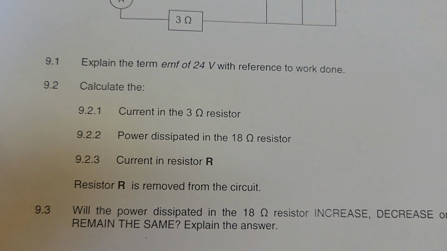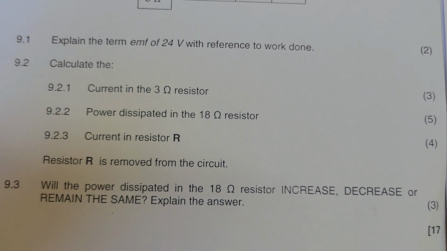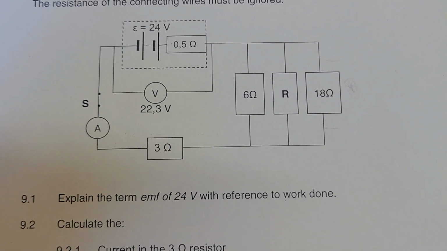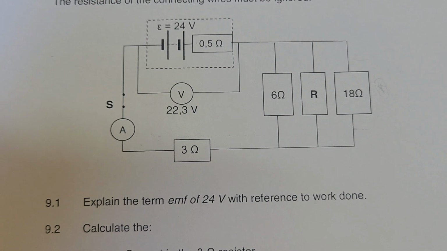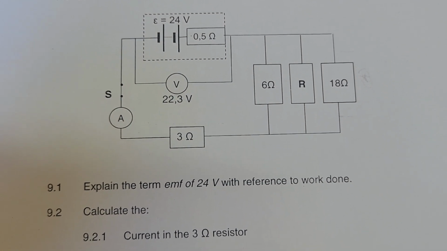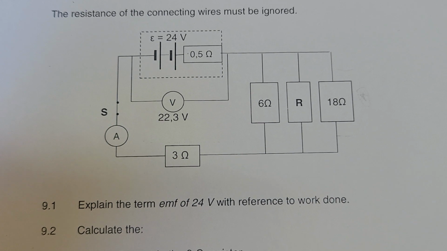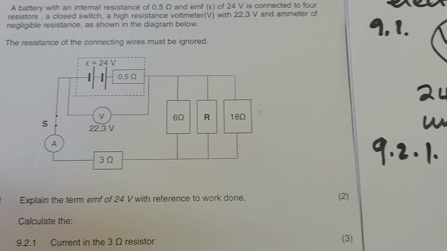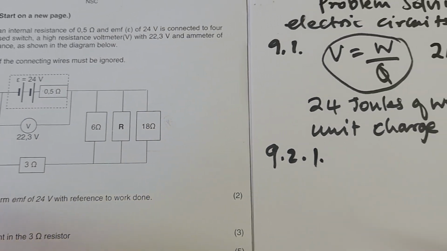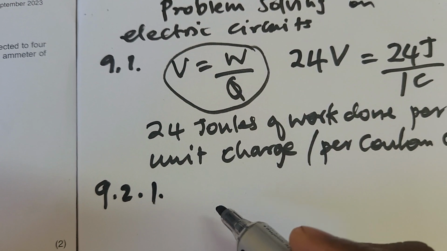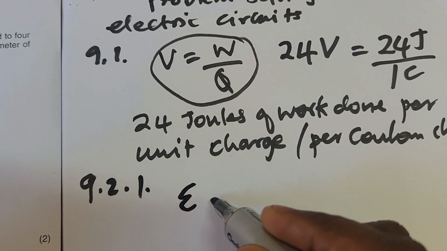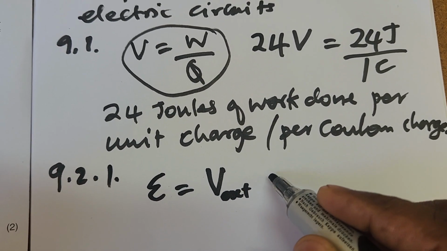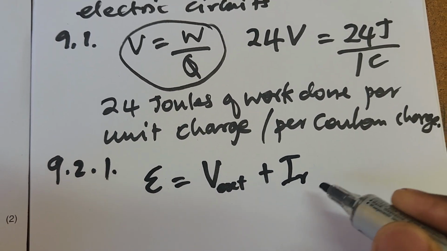And then now 9.2.1, calculate the current in the 3 ohm resistor. If you look at the circuit, the current passing through the 3 ohm resistor will be the current that is registering on the ammeter. Indirectly the examiner is in need of the current flowing in the circuit. Now according to the given information, we use the formula EMF equals V external, which is the one that the voltmeter represents, plus Ir.